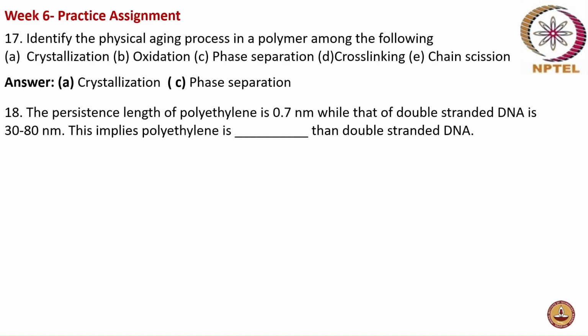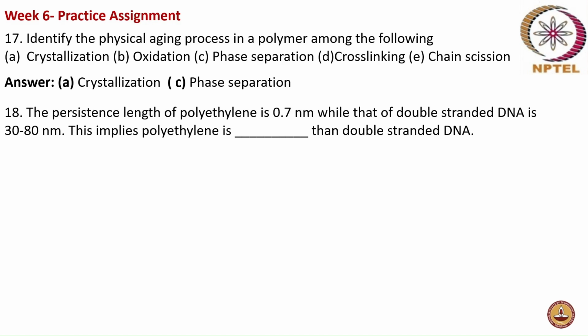If it is small, so can we correlate one end? If we know the position of one end, can we correlate the position of the other end of the polyethylene chain for this persistent length? I don't know.